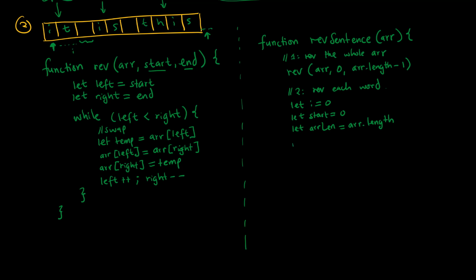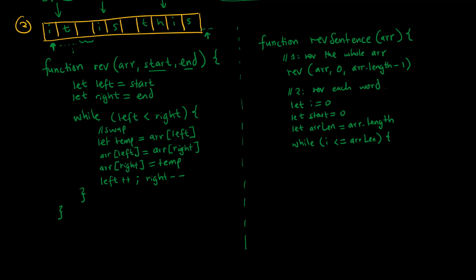And now, while we keep iterating i, while i is less than or equal to array length, because we get to the end of the array plus 1, just for the simplicity of our code.